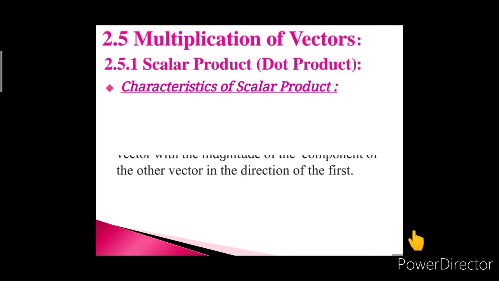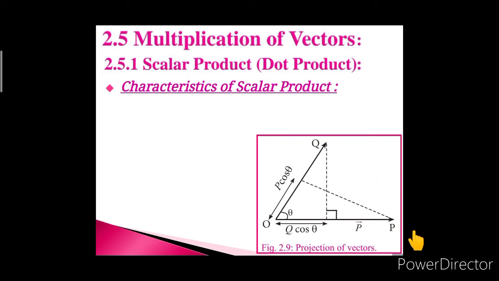Let us see. As an example, two vectors, vector p and vector q, are given in magnitude and direction, and the angle between them is theta. The component of vector p in the direction of q is p cos theta.